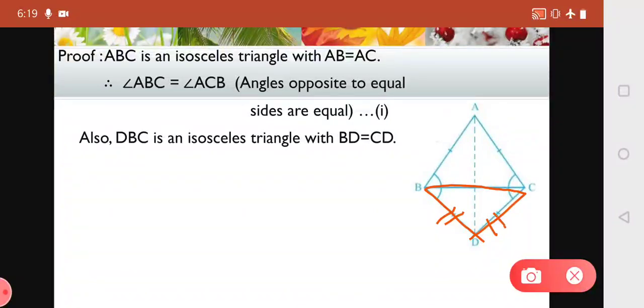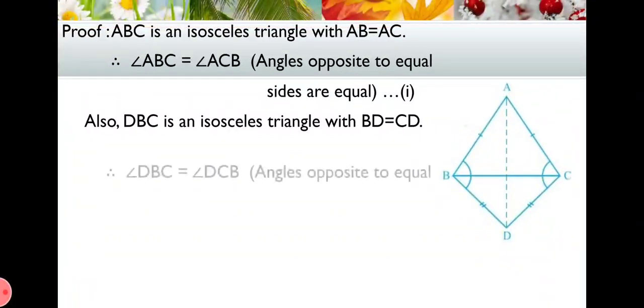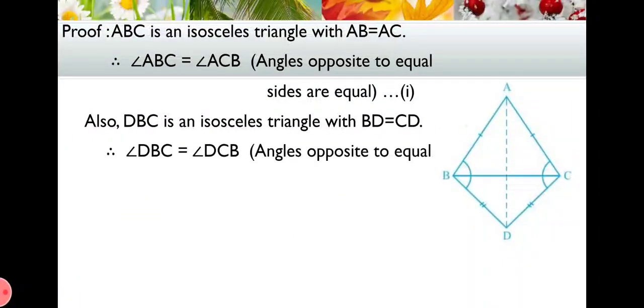So again we get angle DBC equals angle DCB according to theorem 7.2, that is, angles opposite to equal sides are equal.